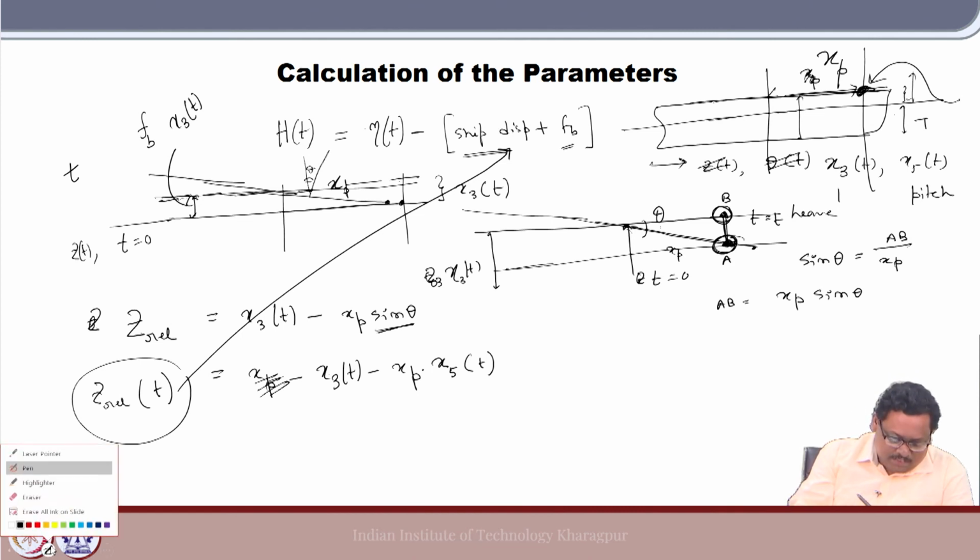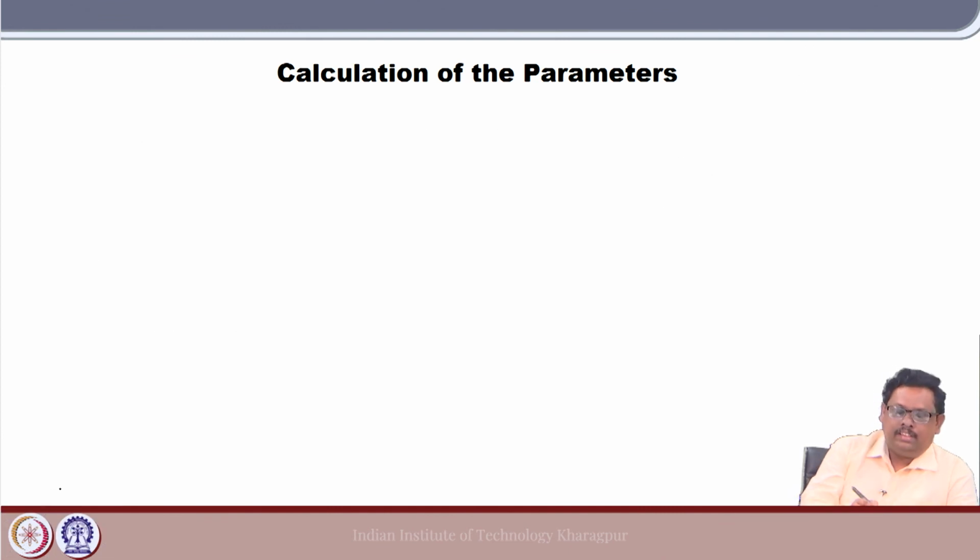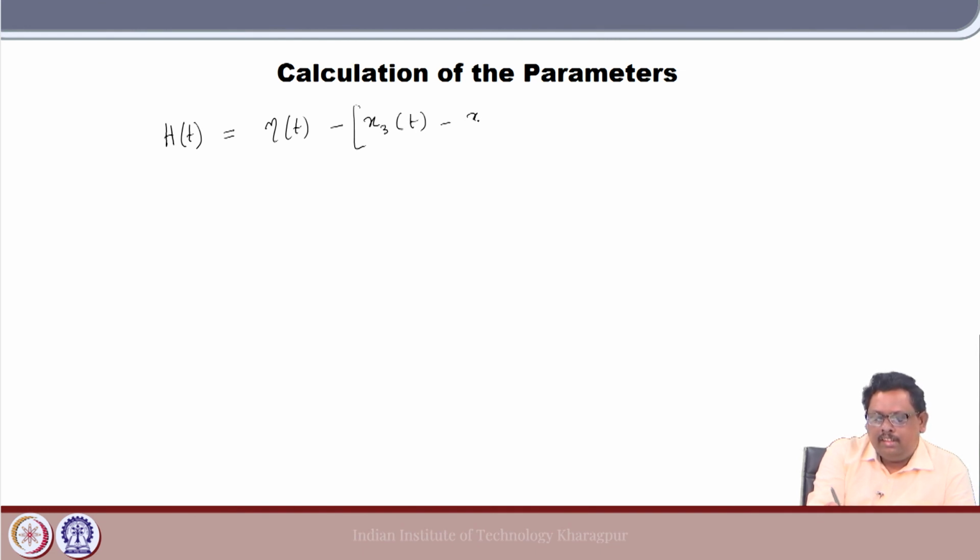So, now I understand that if I try to write h t, then h t is nothing but my eta t minus x 3 t minus x 5 x p into x 5 t, and then plus the freeboard.